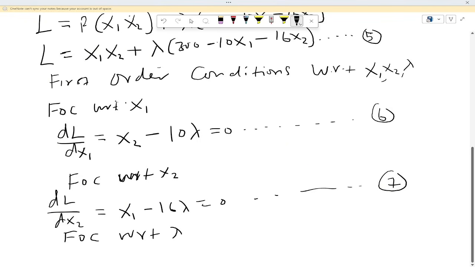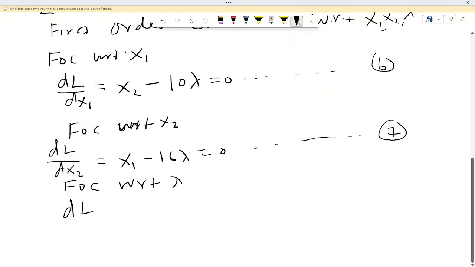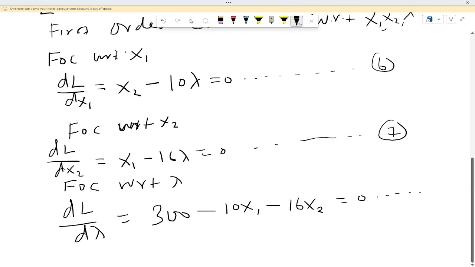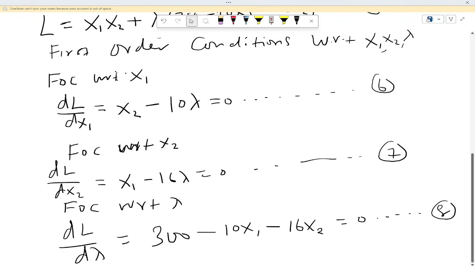So x1, x2 here will go, and you'll be left with 300 minus 10x1 minus 16x2 equal to 0. This is your equation 8. So far so good. What you are trying to do is to find a way to eliminate lambda and calculate the value of x1 and x2.